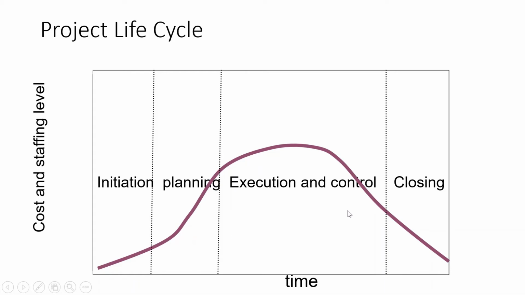Execution and control, there is even more time. And the closure, again, less time. This is an ideal situation: staffing and time are greatest during the execution and control phase.